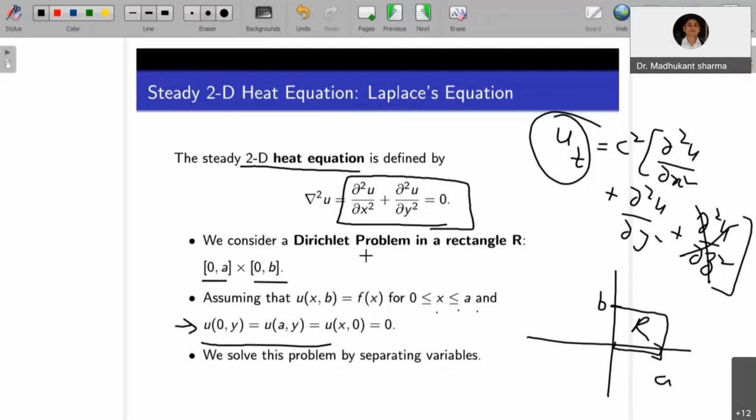The exercise I'm giving you is to start with u(x, y) as a solution of the form f(x) times g(y). Use this fact, substitute here, and try to figure out what type of differential equations you will get.